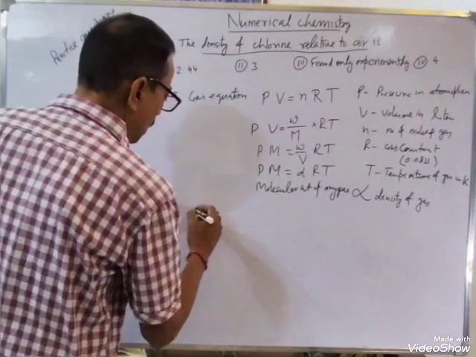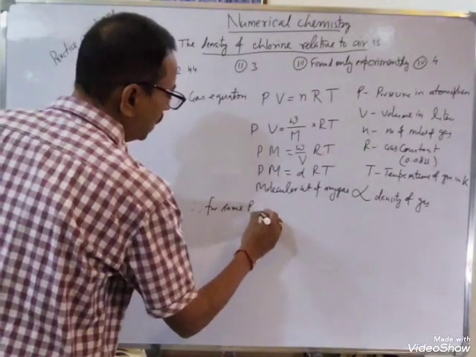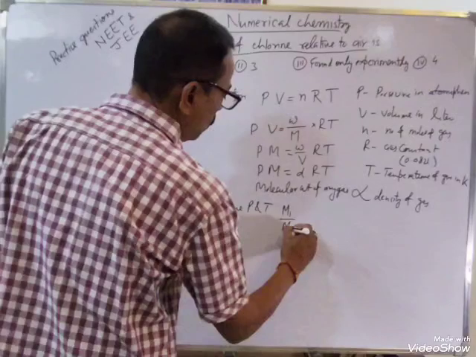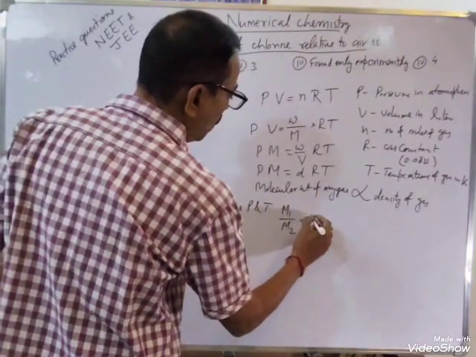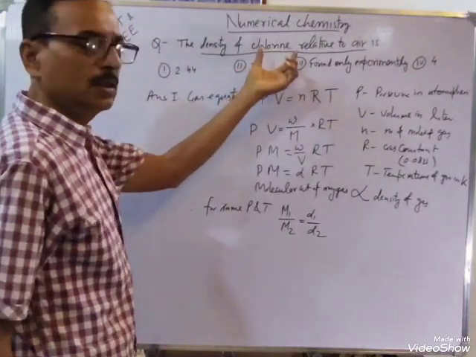Therefore, for the same pressure and temperature, m1 upon m2 equal to d1 upon d2.